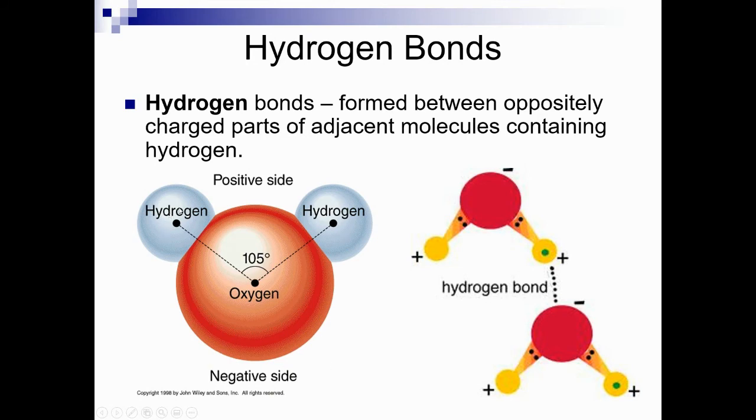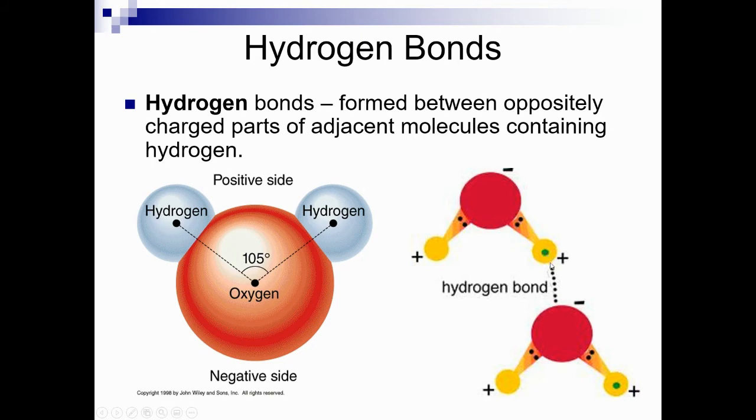So in the case of the polar covalent bonds between hydrogen and oxygen, those bonds keep the hydrogens at a 105-degree angle here, giving water a little Mickey Mouse look. When I put my waters together, my hydrogens with their slightly positive side, opposites attract.